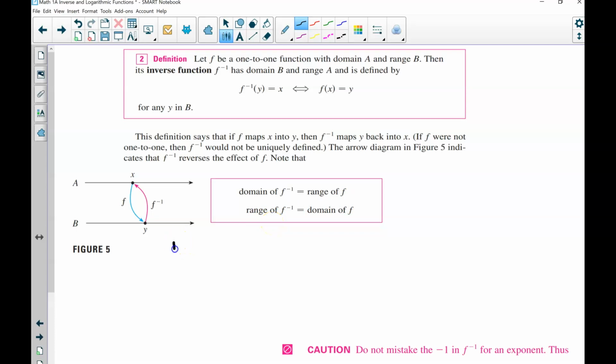So let's take a look at an example algebraically here. Let's say that we have the function f of x, which is equal to x cubed.